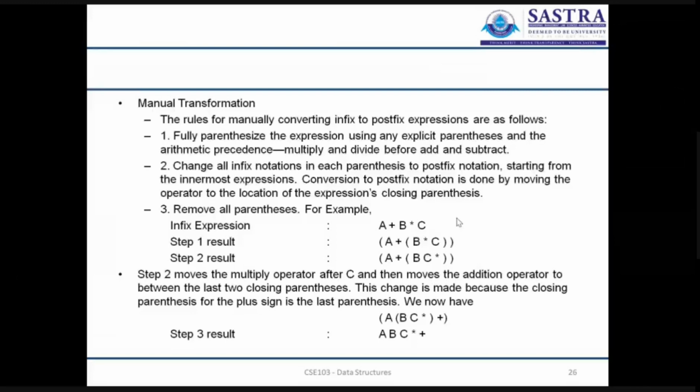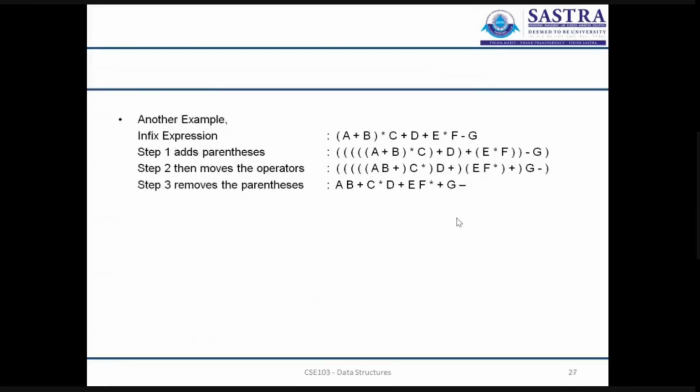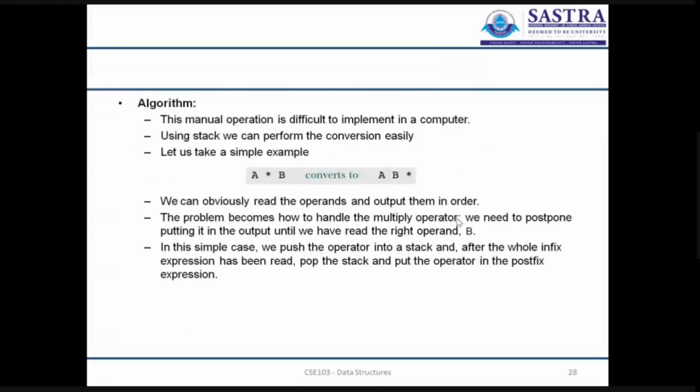Now let us come to the algorithm. This manual operation is difficult to implement in a computer, so we can use the stack to perform the conversion easily. If I take the simple example a star b, it is converted to a b star. So operands are displayed first, then the operator is displayed later.